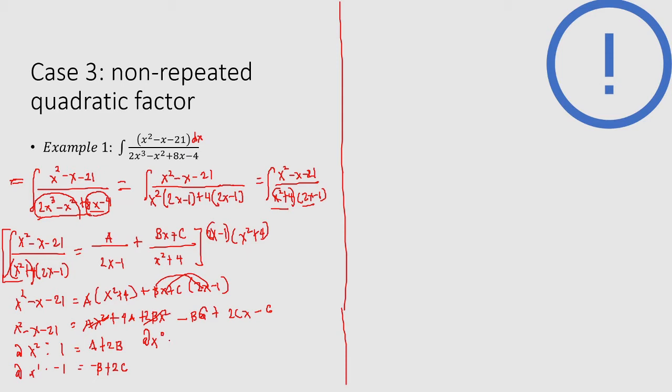And at x to the power of 0, or the constant, on the left side you have negative 21.